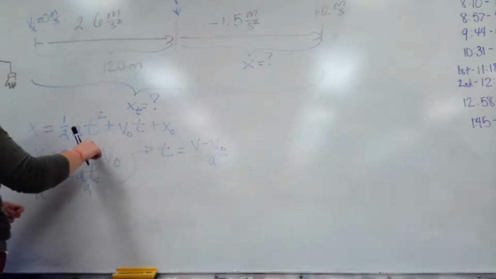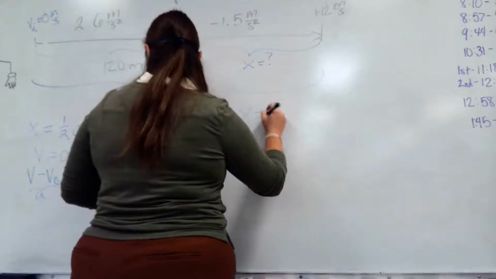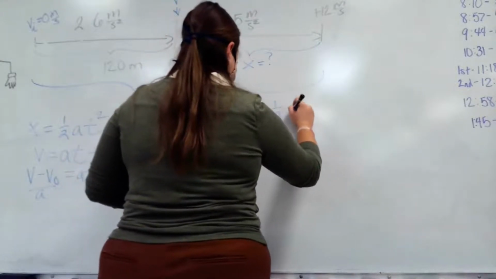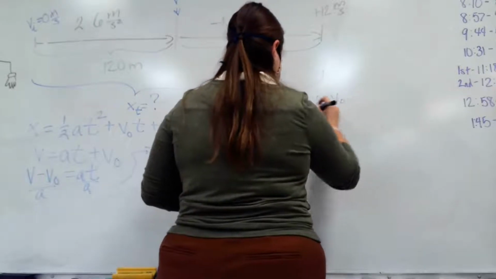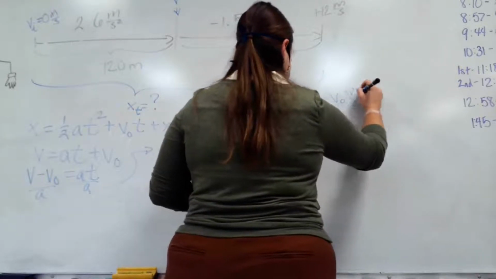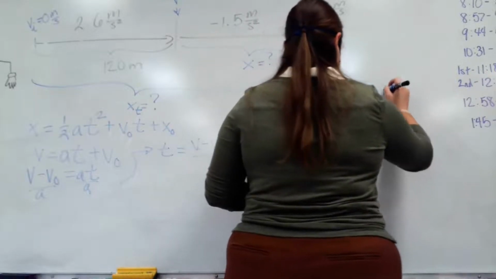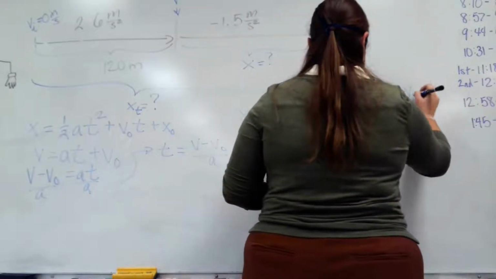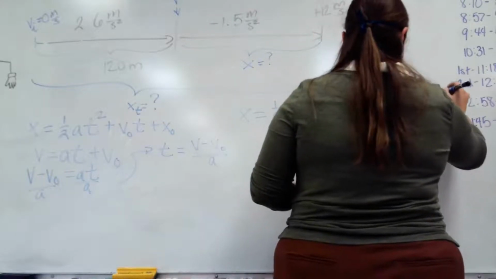So we're going to take this and put it in for t. So we get the equation x equals 1/2 our acceleration times v minus v naught over a, squared, plus v naught times v minus v naught over a, and plus x naught.